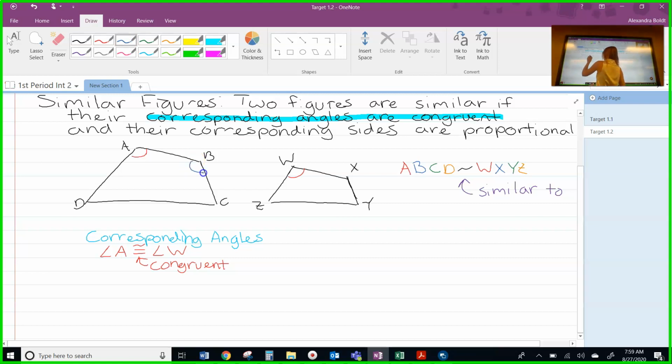Angle B, and I'm going to use two little marks here and two marks there to show that angle B is congruent to angle X, right? So you can see why I did the colors, right? Those are the ones that are in the same spot. Angle C and angle Y go together. And my picture's not perfect, I apologize.